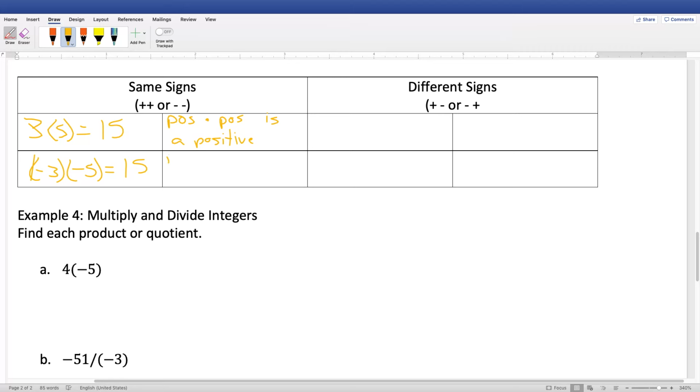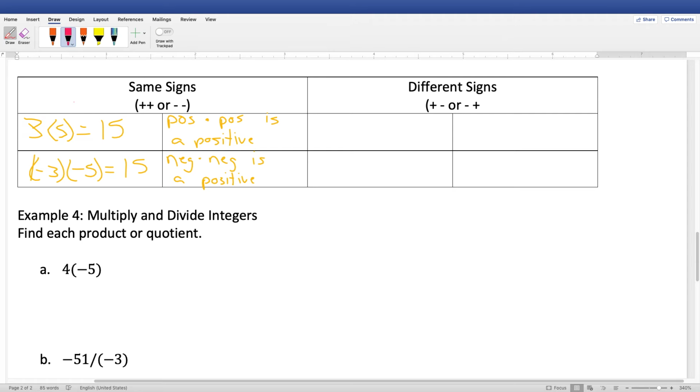So a negative times a negative is a positive. When your signs are the same, we are always going to get a positive. Positive times a positive is a positive.